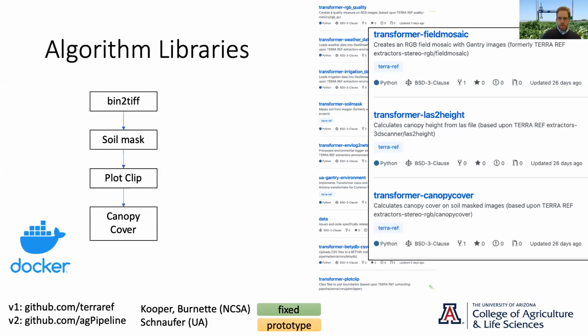So both with the TERRA REF project and now with what we call the more generic ag pipeline, the idea was to have all of these components modularized, built into Docker, and able to be reused. And so we have large GitHub repositories in each individual organization, and each individual repository has one or just a small handful of individual, what we call transformers now.